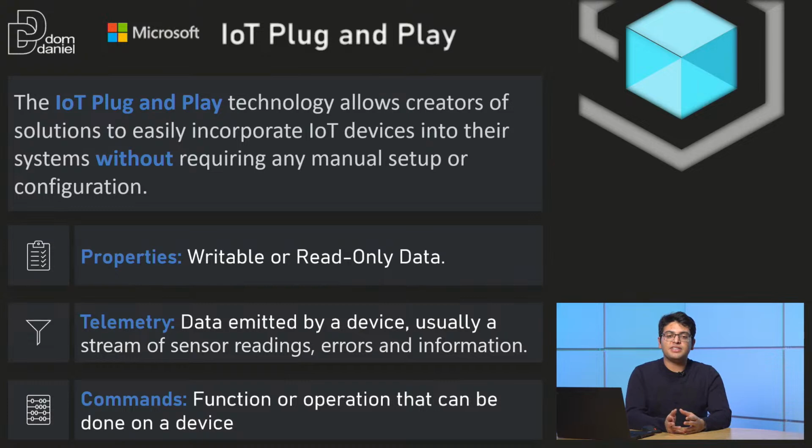There's telemetry, which is the stream of data that your device is sending. Sometimes this can also be just information or an error that your device is not sending certain information. And there's another property called commands. For example, if you want to turn on a light or turn off certain telemetry, you can use these commands for that.